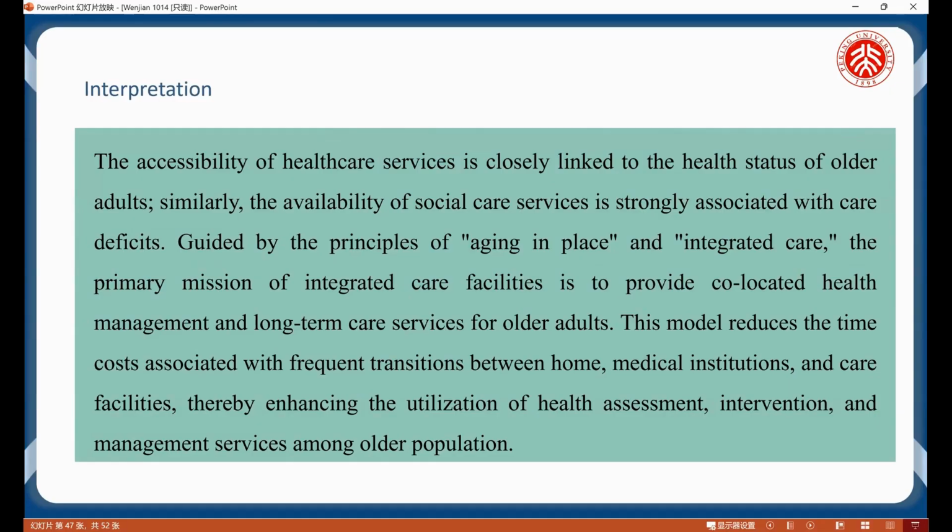The aim of integrated care facilities is to provide health management and long-term care services for older adults. This model reduces the time costs with frequent transitions between home, medical institutions and care facilities, thereby enhancing the utilization of health assessment, intervention, and management services.